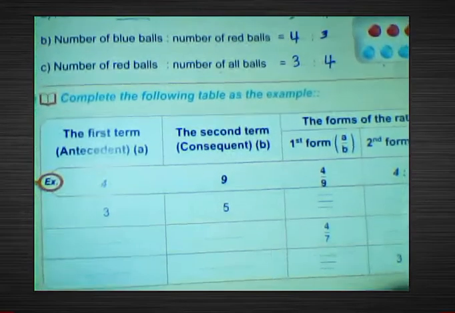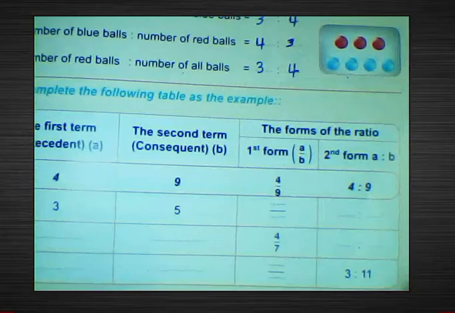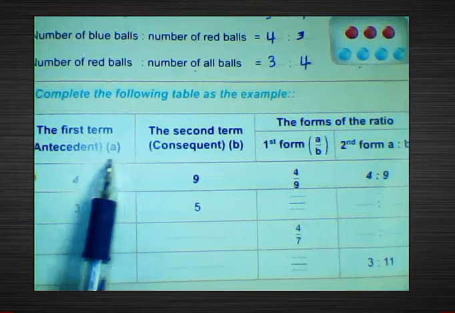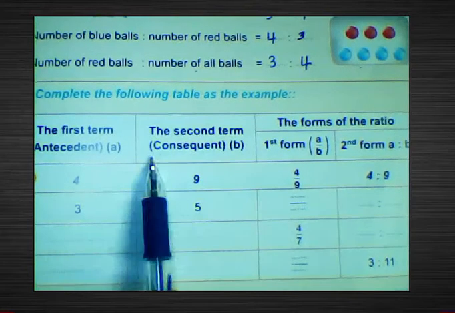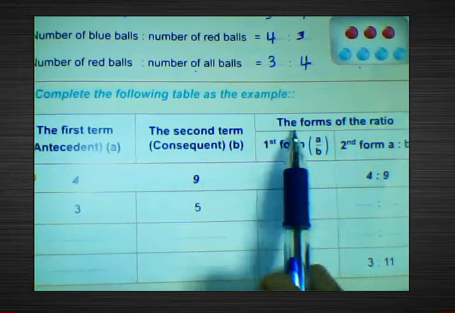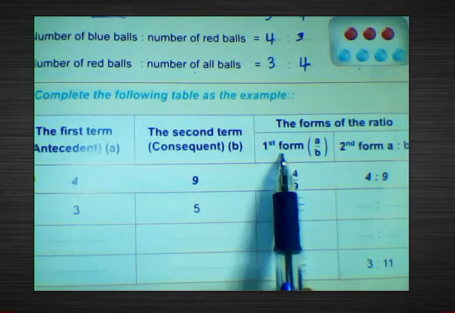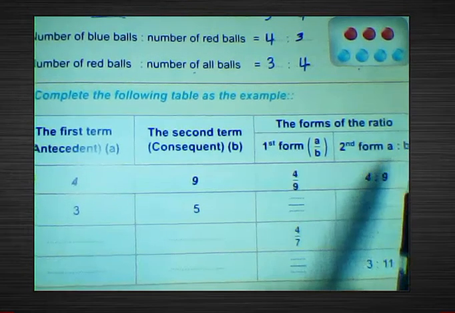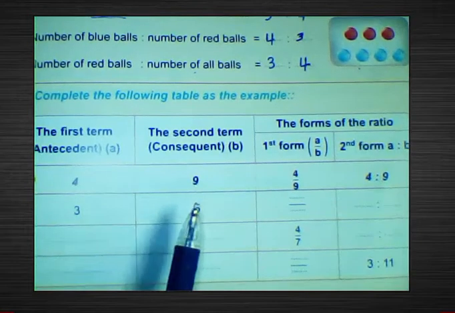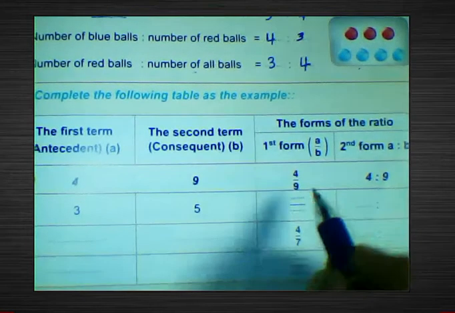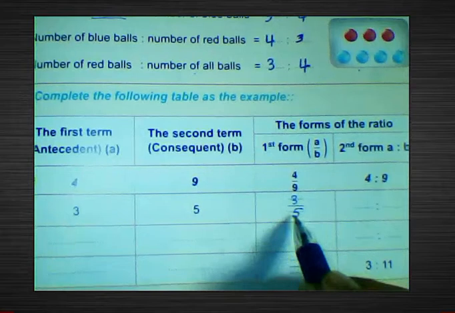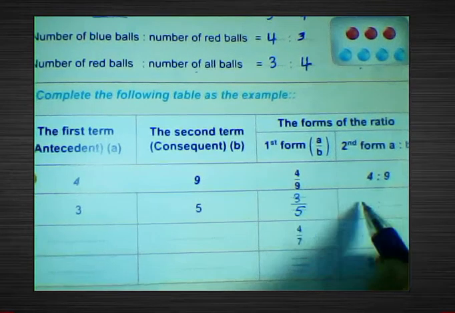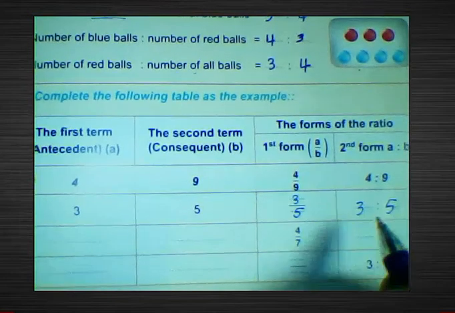We have a table, we can complete it. The first term, antecedent A, the second term, consequent B. The forms of the ratio: the first form A over B, the second form A to B. 3, 5, we can write 3 over 5. 3 is the first term, 5 is the second term, so we can write it 3 to 5.